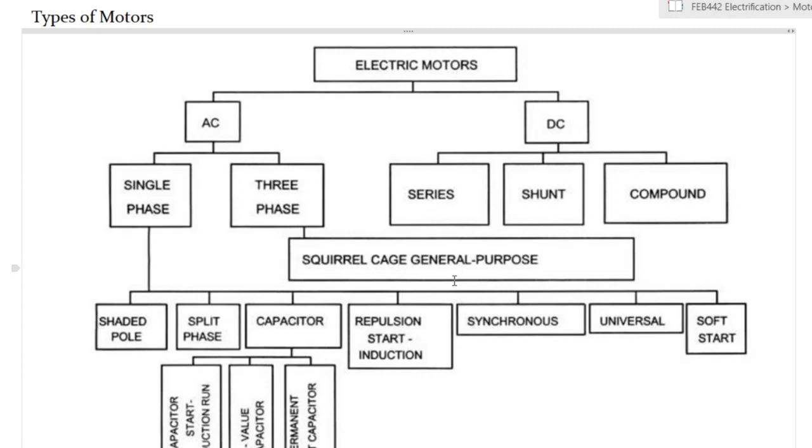And within these applications, one of the key applications is motors. Electrical motors convert electricity into kinetic energy or mechanical energy.